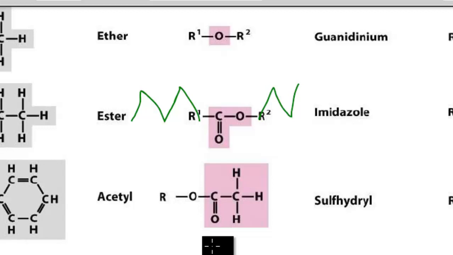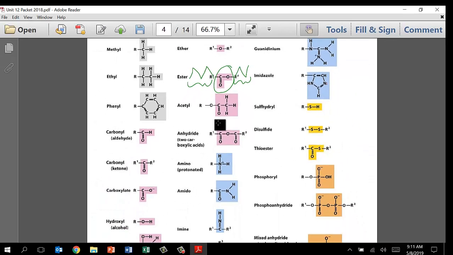So an ester is simply a chain of some carbons, a chain of some more carbons, and then between those two chains, you have a double bound carbon, a double bound oxygen to a carbon and an oxygen. So that would be an ester. Again, use page 4 in your packet to complete page 10 and 11. Pause the video now and do so.